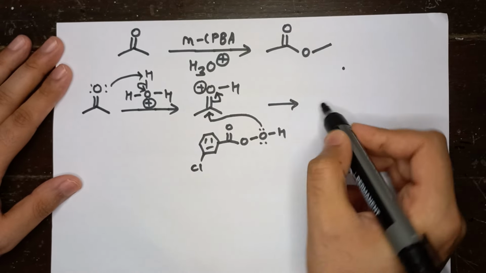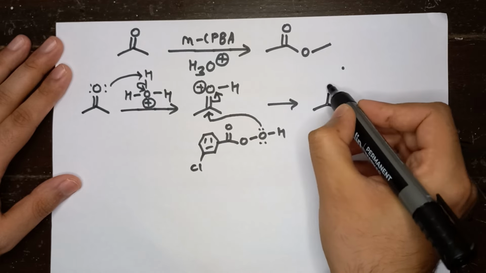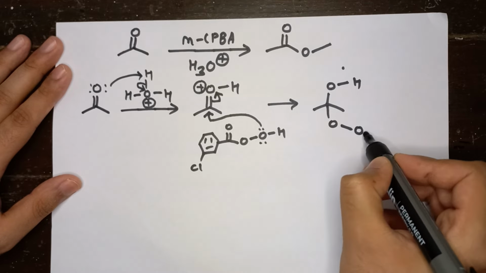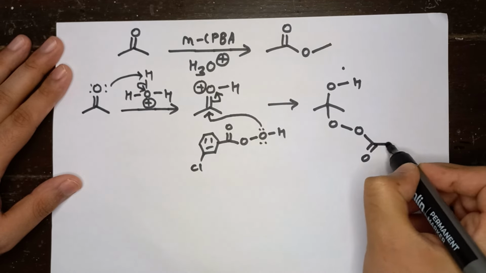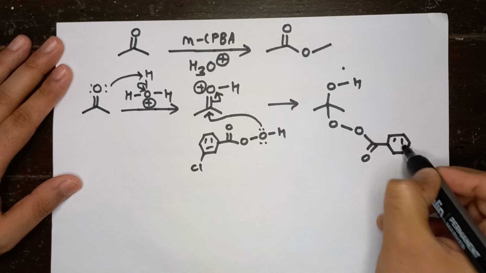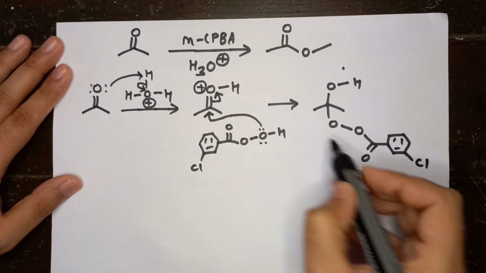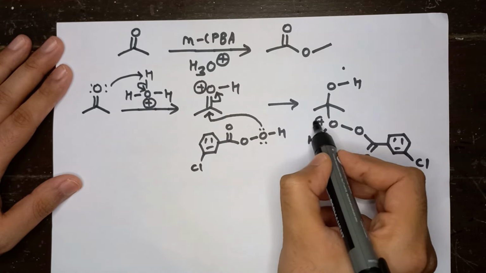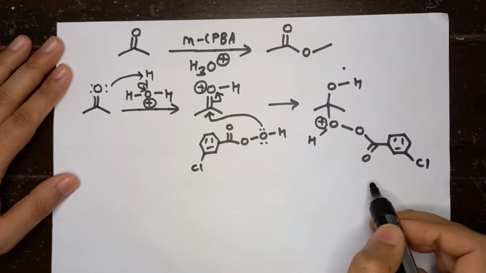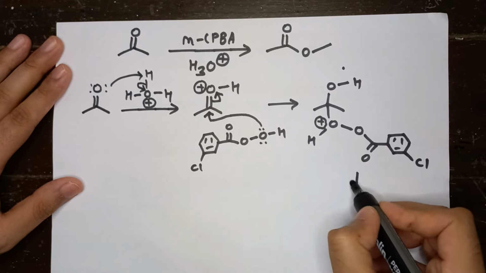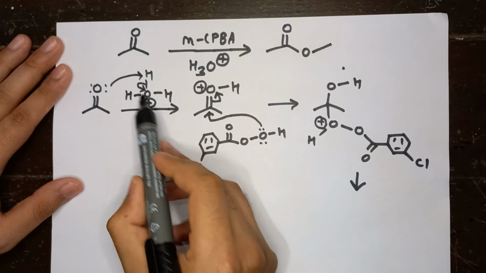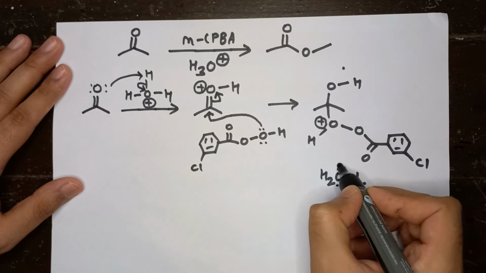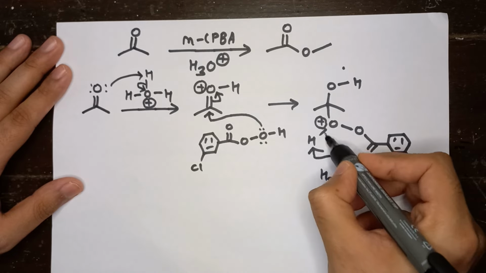So this will give me oxygen, oxygen, C double bond O, benzene, and at meta we have chloro, and this oxygen with 1 hydrogen, getting overall positive charge, right? So we just removed a water molecule, that will come, will take this proton, neutralizing oxygen.